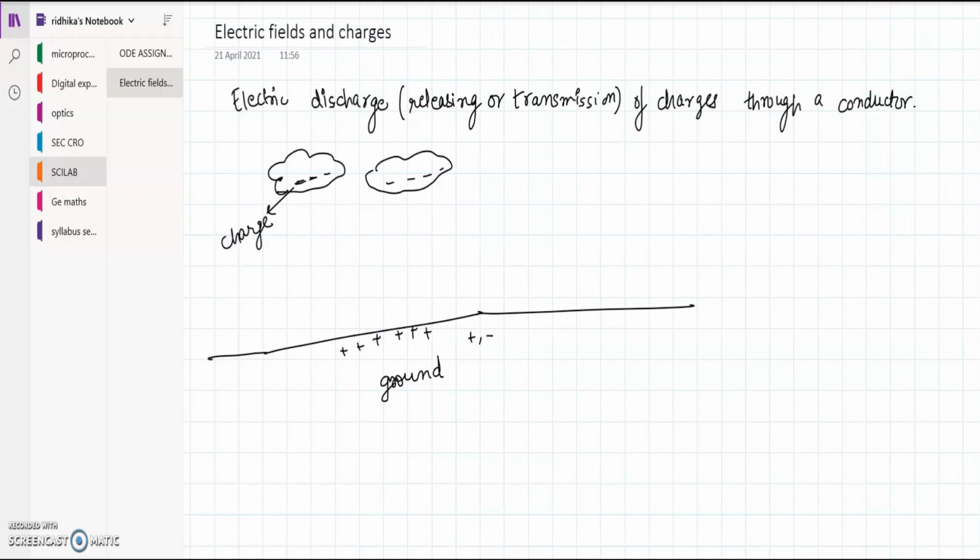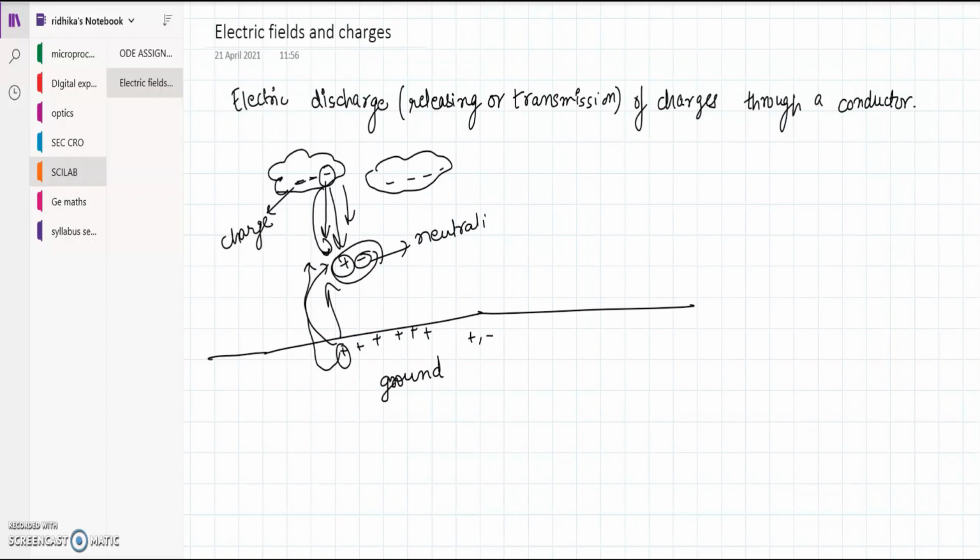So this negative charge tries to come in contact with this positive charge. Why would they combine and how would they combine? The negative charge starts traveling towards the ground, and the positive charge also starts traveling towards that negative charge, and when they combine they sort of get neutralized.